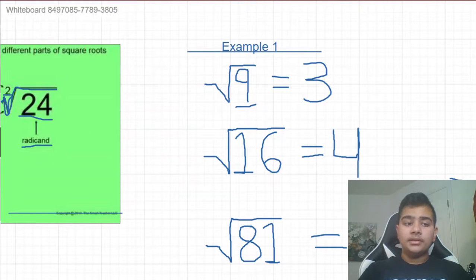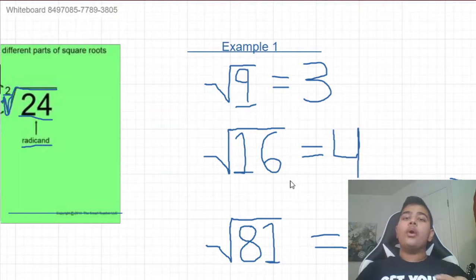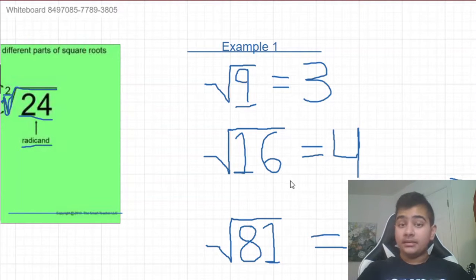So let's look at another one. The square root of 16. So what two numbers that are the same number equal 16? We just did 3 times 3. That equals 9. So we know it's not anything below that because 16 is greater than 9. So what's the other number? 4.